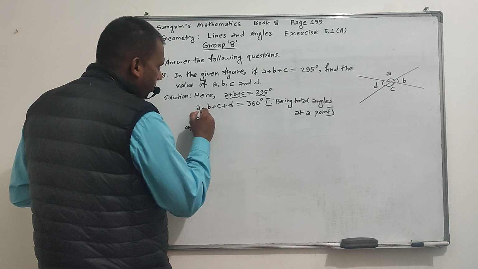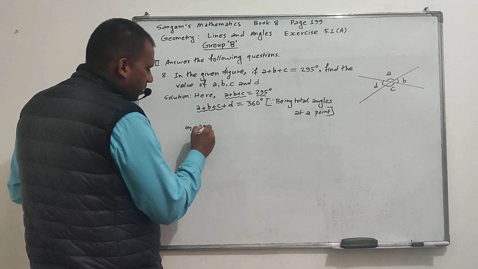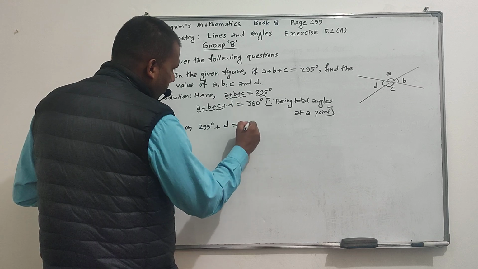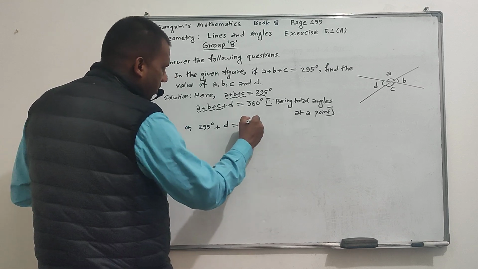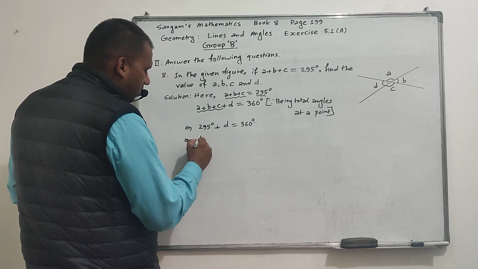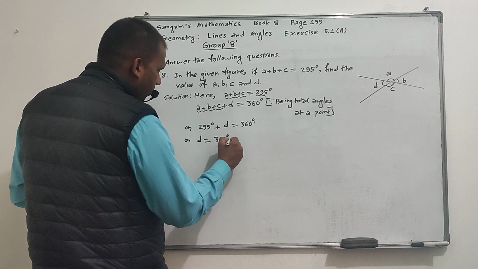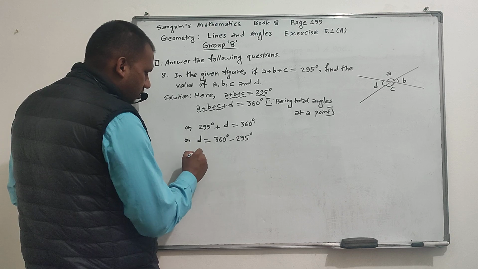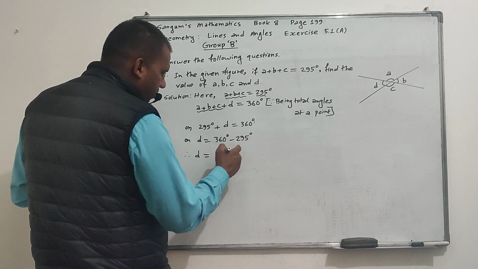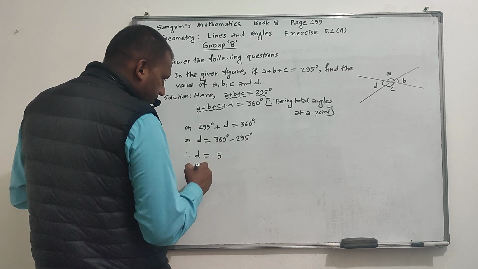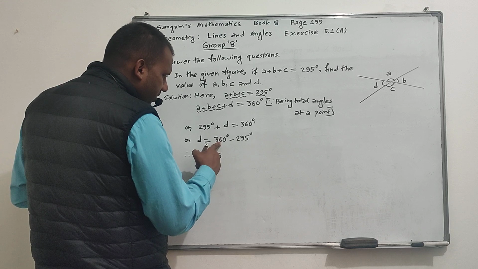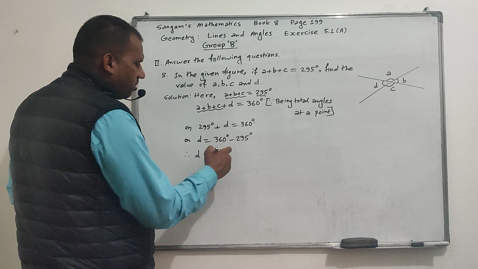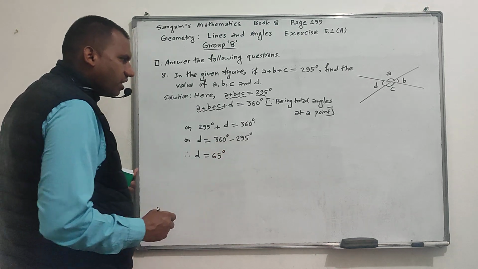A plus b plus c, 295 degrees plus d equal to 360 degrees, or d equal to 360 degrees minus 295 degrees. Therefore d equal to 10 minus 5, 5. Now remaining 5, 15 minus 9, 6. Now 2 minus 2, 0. So d equal to 65 degrees.